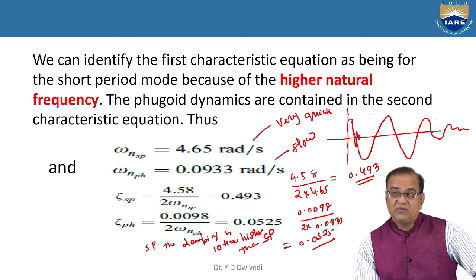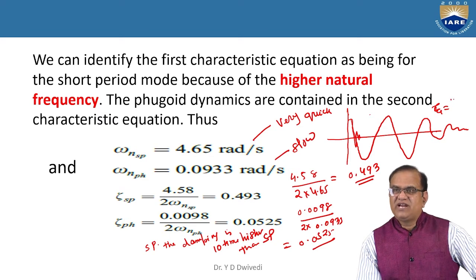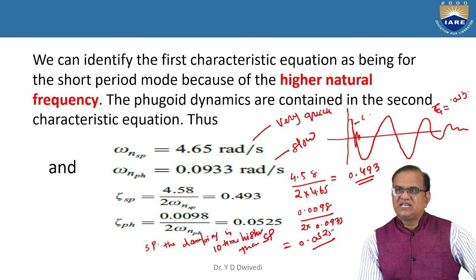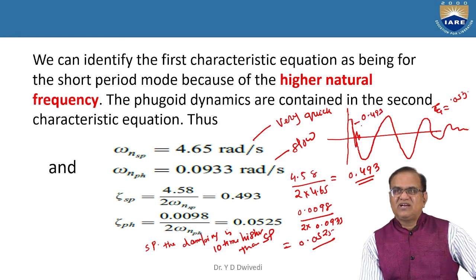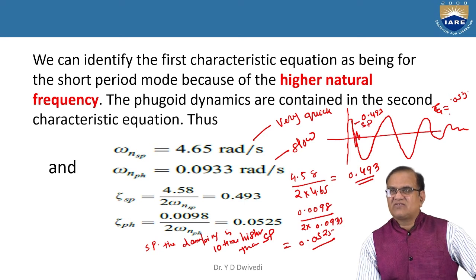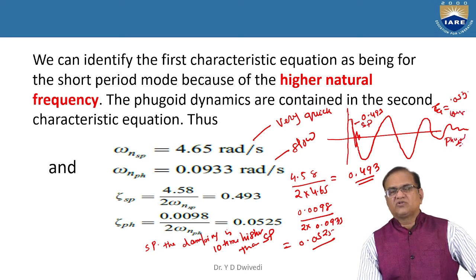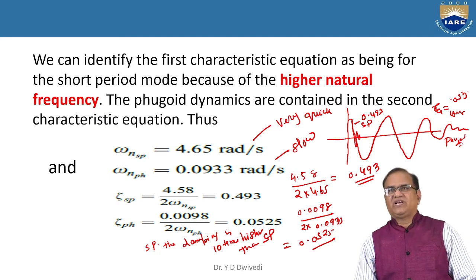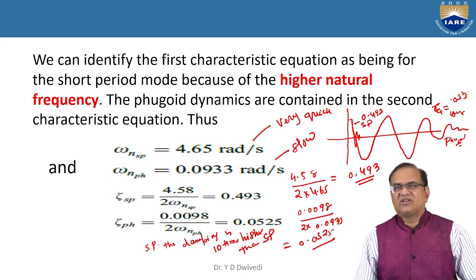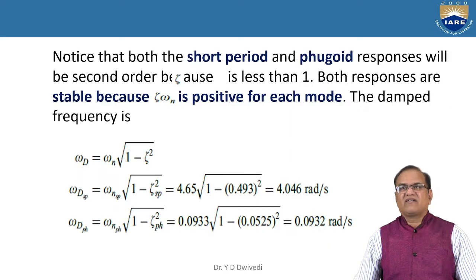So it is a long period. Here this zeta is very small, 0.0525, and for this case it is 0.493. So this is called the short period and this is called the long period, and it is also called the phugoid. In this way we can find out whether it is a short period or the long period, and we can calculate like this.